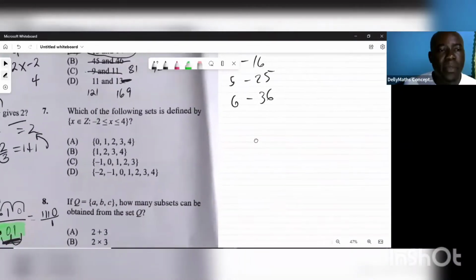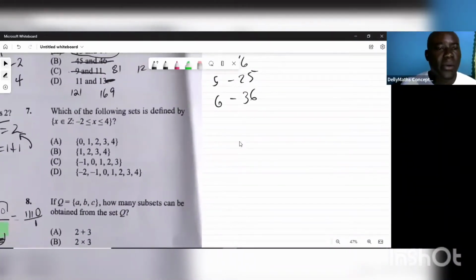Number 7 says, which of the following sets is defined by this? How do you interpret this is what they're really getting at. This is saying that X is less than or equal to 4, and this same X is greater than or equal to -2.